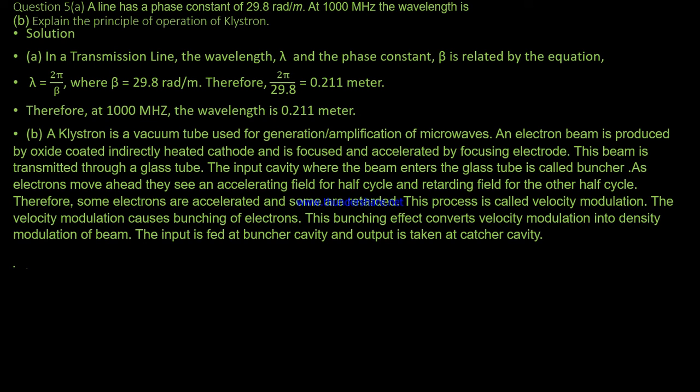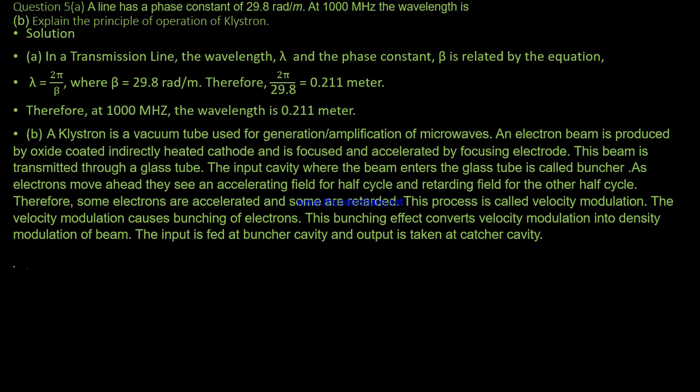Solution to A. In a transmission line, the wavelength and the phase constant are related by the equation lambda equals 2 pi over beta, where beta has been given to be 29.8 rad per meter. Therefore, by substituting our values into this equation, we have 2 pi over 29.8, which gives 0.211 meter. Therefore, at 1000 megahertz, the wavelength is 0.211 meter.